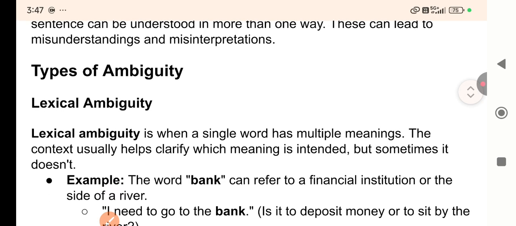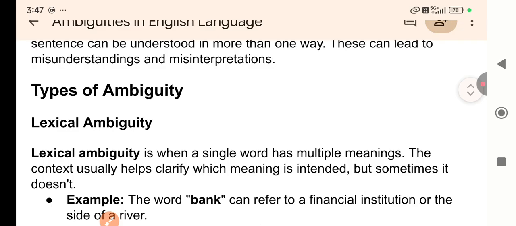These can lead to misunderstanding and misinterpretations. When the choice of word is not proper, or the sentence is not properly framed, it may lead to misunderstanding or misinterpretations. This is a very important topic.